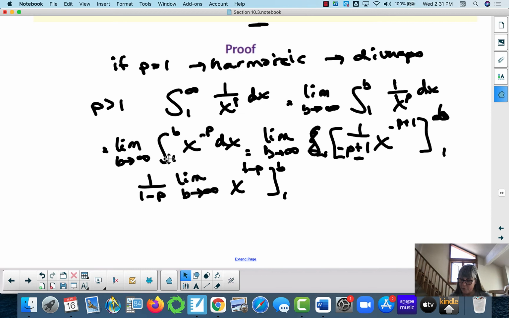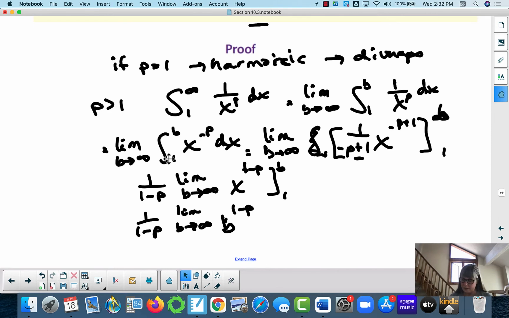So if we have 1 minus infinity, that's going to be a very big negative number, which makes b become a very, very small number.